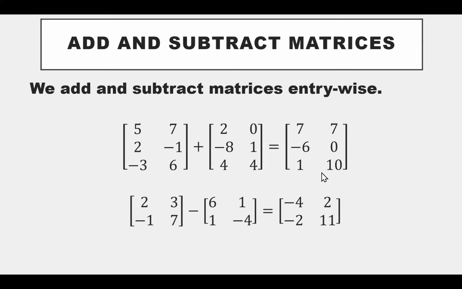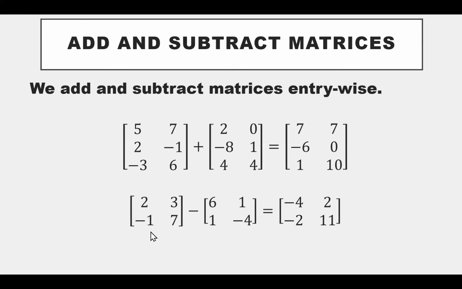So we add them entry-wise. Notice that these two matrices have the same dimensions when we added them, and they resulted in a matrix with the same dimensions. 3 rows, 2 columns, to be specific.